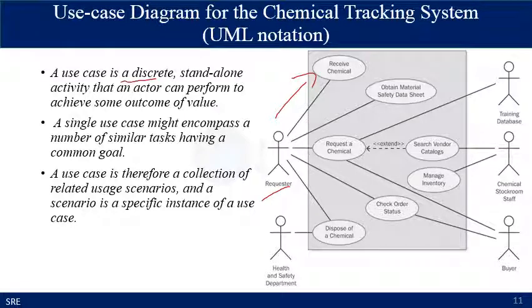It is discrete and stand-alone, so it can be achieved independently, and it describes some achievement from the system. A single use case might encompass a number of similar tasks having a common goal. So a use case is a collection of related user scenarios, and a scenario is a specific instance of a use case. You can go through this example to identify different use cases.